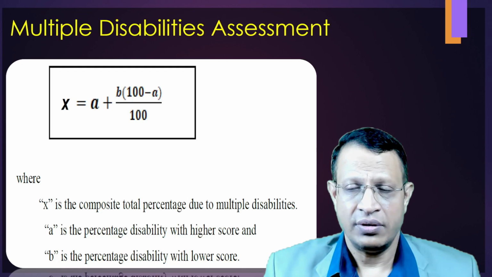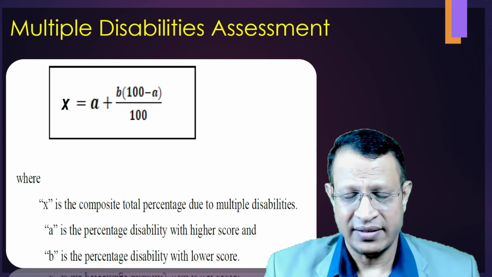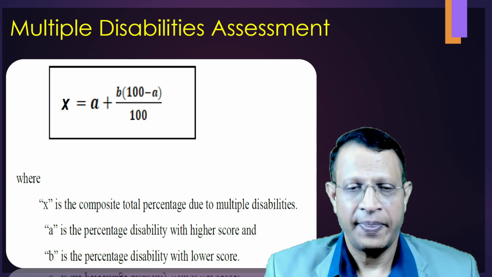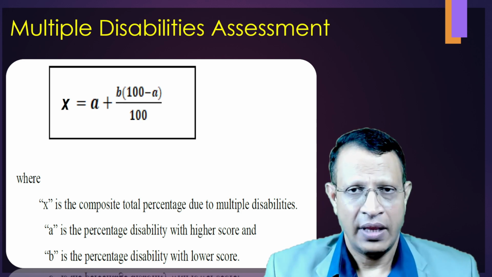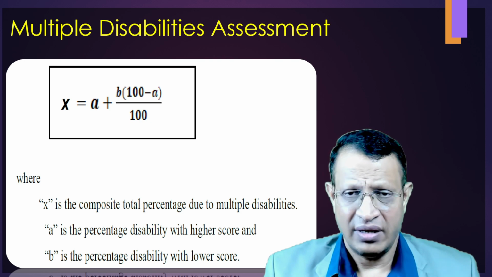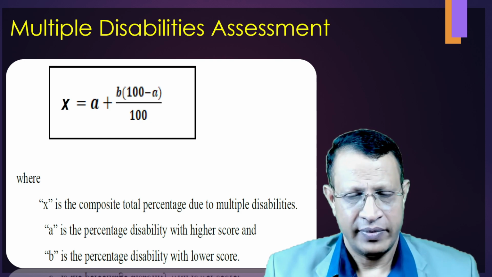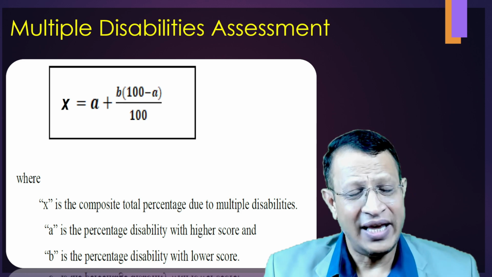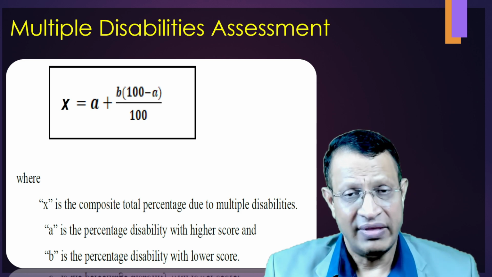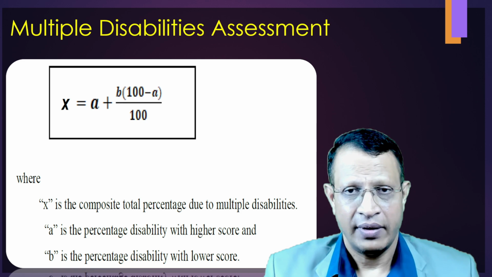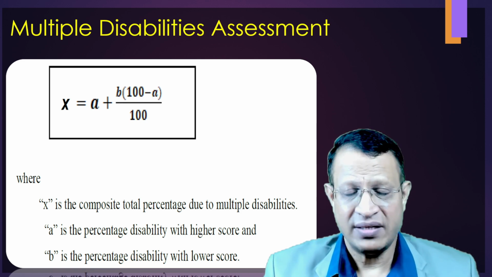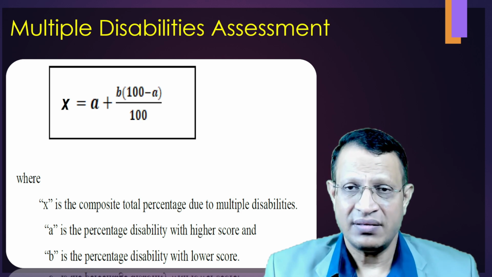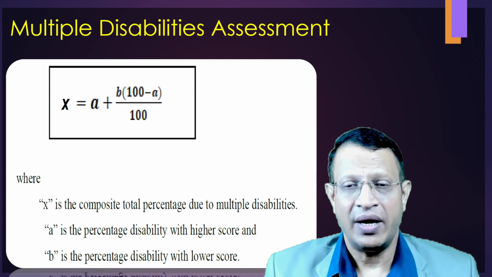Now let's look into the formula. The formula used for assessment of multiple disabilities is this one. X is the composite total percentage of the multiple disability. If there are two disabilities, disability A and disability B, invariably disability A should be the higher percentage than disability B. That means if you look at the formula, X equals A plus B into 100 minus A divided by 100.